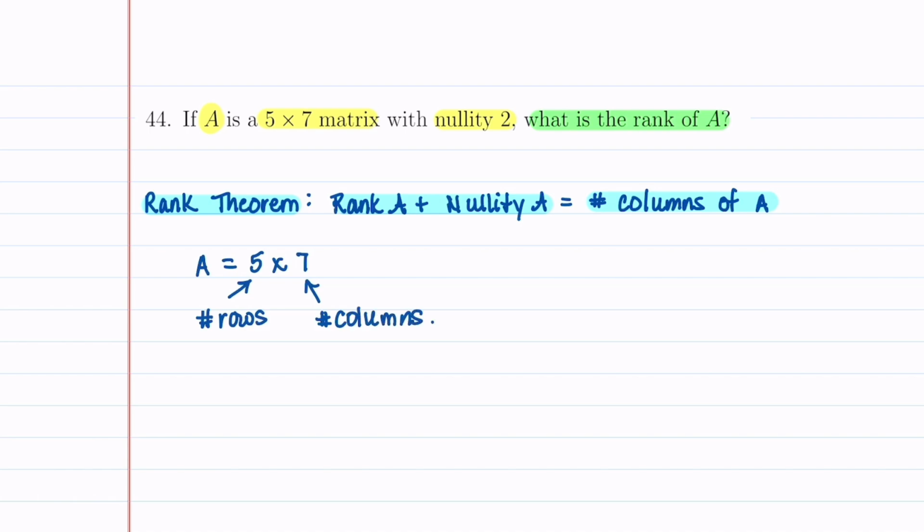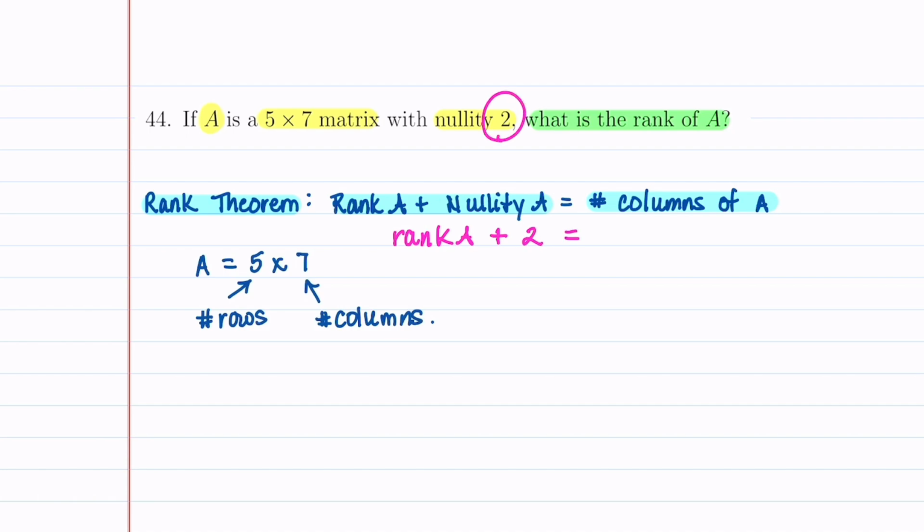Now let's go ahead and use our rank theorem. We have the rank of A plus the nullity of A is equal to the number of columns of A. So let's fill this in. The rank of A is what we want to know, so let's put this down as rank A, plus the nullity of A, which we're given right up here, is 2.